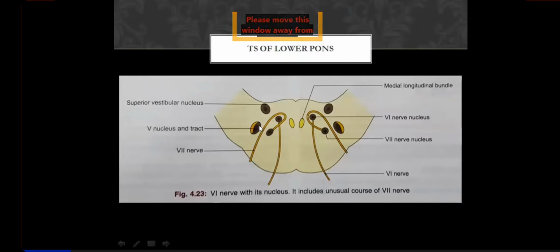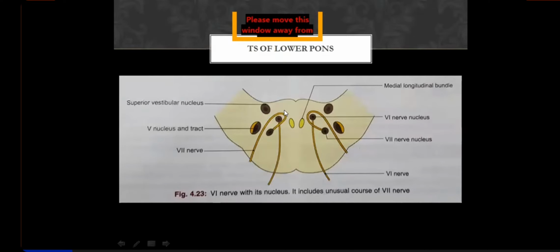For the muscles derived from the first branchial arch, and these fibers will run along the mandibular nerve. And the lateral one is the main sensory nucleus of trigeminal nerve. And this course that it takes during the course of development, this facial nerve, this is called neurobiotaxis.